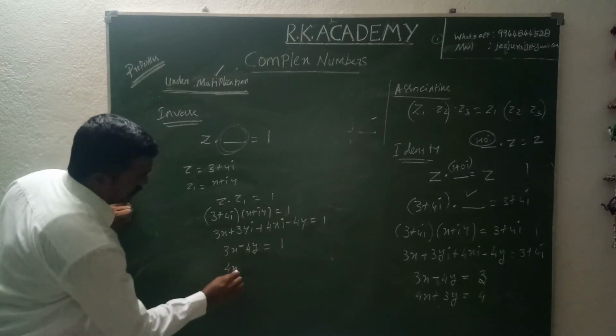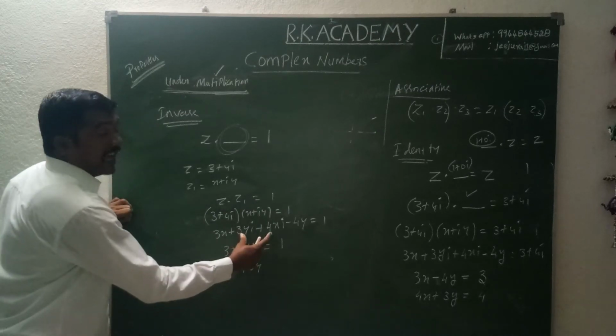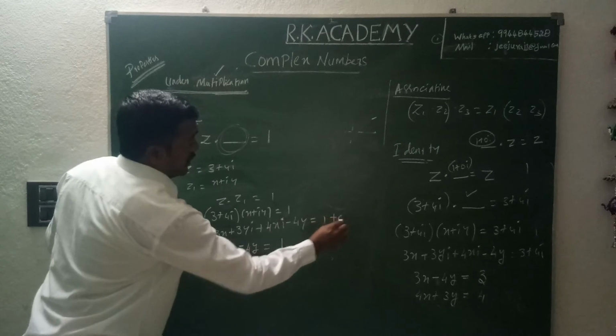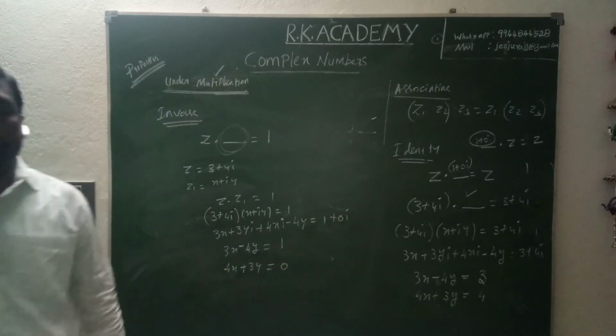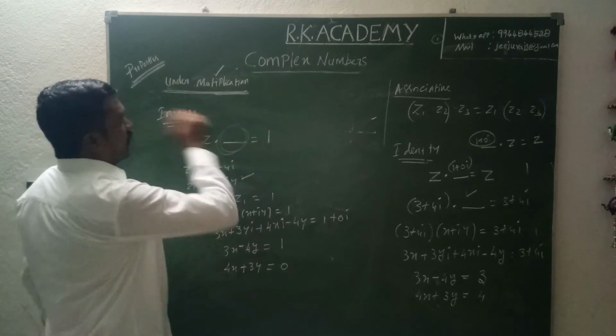The imaginary part is 4x plus 3y, taking i as common, equal to 0, because the imaginary part is 0. Now we solve these two and find the inverse of z.